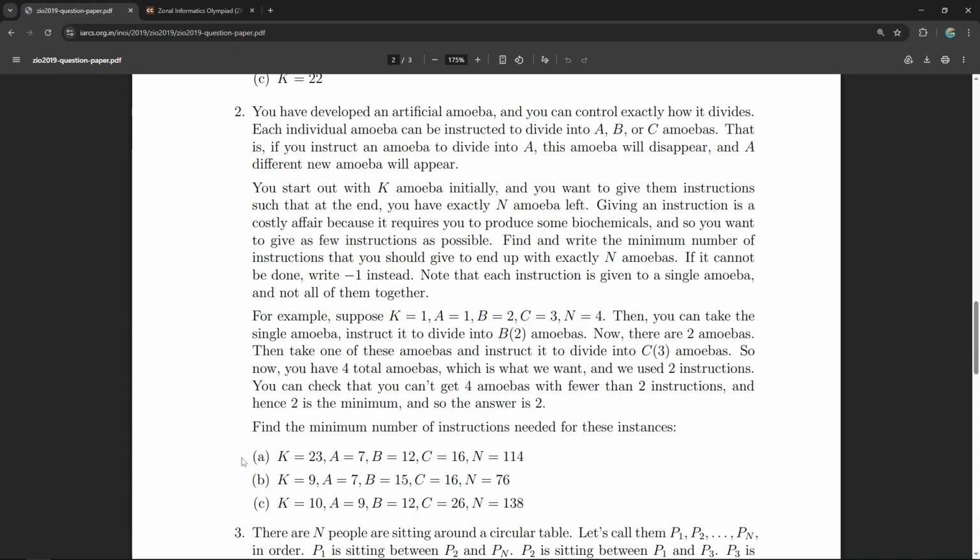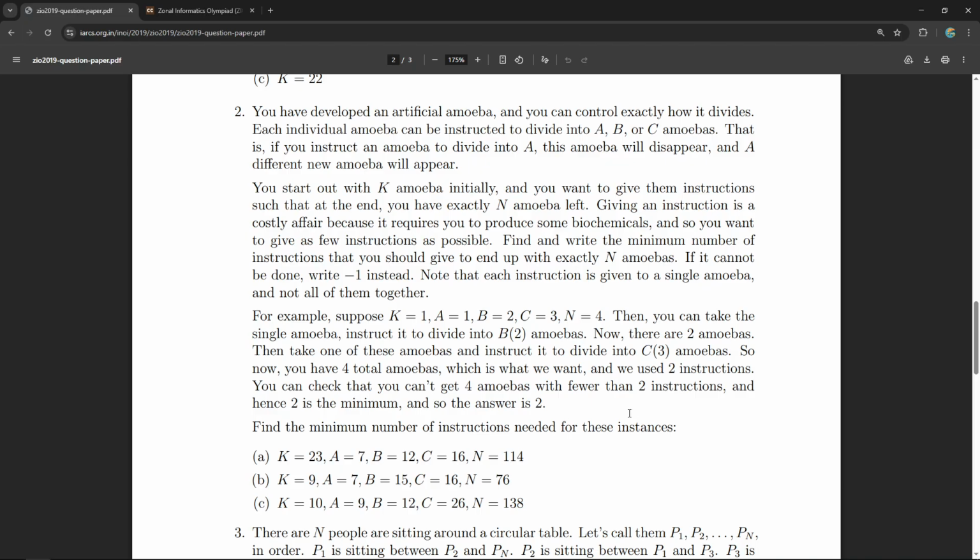We are given subquestions where K equals 23, A equals 7, B equals 12, C equals 16, N equals 114, and this is the first one that we are going to solve. So let's understand this. We are given K amoebas initially, and we have 3 cases, A, B and C, which are also given. You can choose each individual amoeba and tell it to divide into that many amoebas, minus 1, because this individual amoeba will be destroyed.